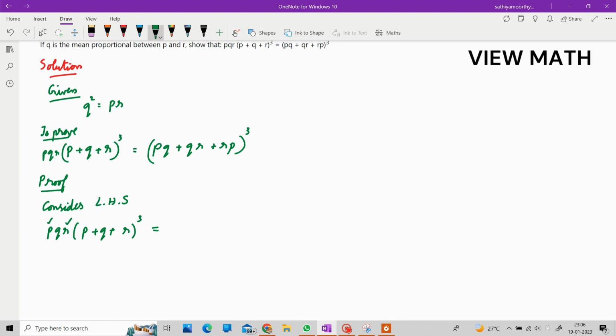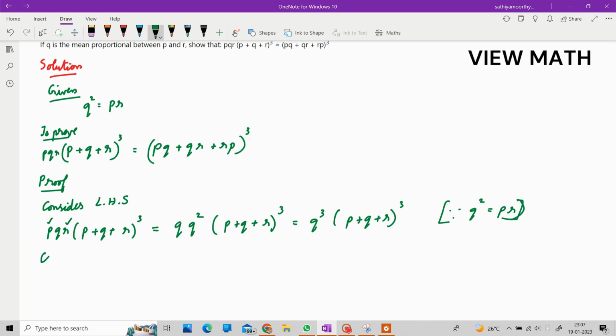And already Q is there, so it becomes Q cube. So I am writing Q as it is, and instead of PR, I am writing Q square, times (P plus Q plus R) the whole cube. So this is equal to Q cube (P plus Q plus R) the whole cube, since it is given that Q is a mean proportional between P and R.